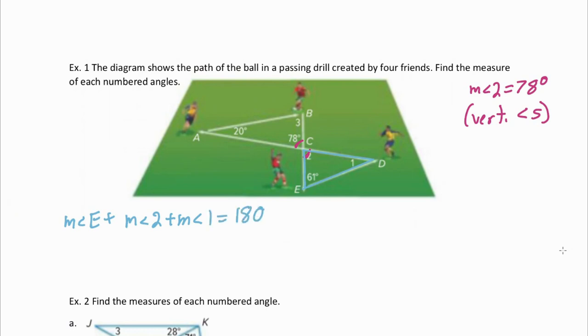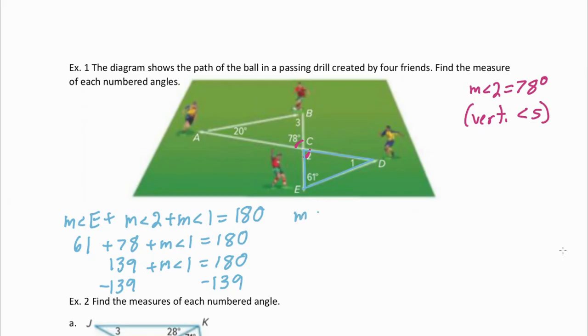So we know that the measure of angle E is 61, and we know that the measure of angle 2 we just found to be 78. So really all we're looking for is the measure of angle 1. So 61 plus 78 is going to be 139, plus the measure of angle 1 equals 180, and then we'd subtract 139 from both sides. So we'd get that the measure of angle 1 is going to be equal to 41 degrees.